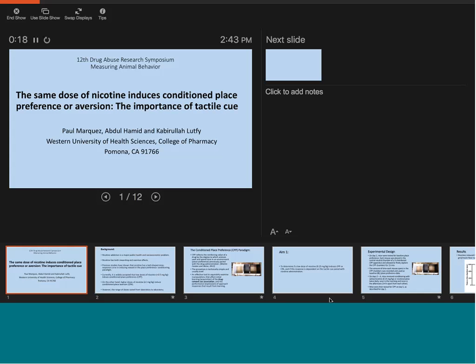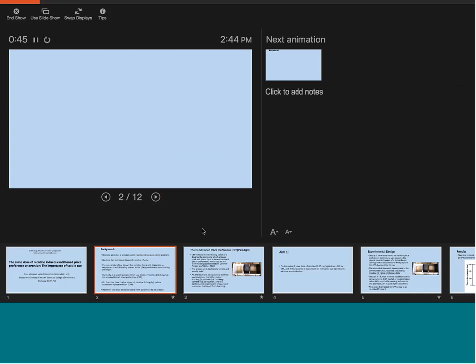Got it. Okay. So basically what we see in the lab is a CPP paradigm, pretty common. I think some of you know of it, some may not be aware of it, but it's used in animal studies. What we've done is specifically focus on CPP, conditioned place preference, and a similar dose of nicotine.